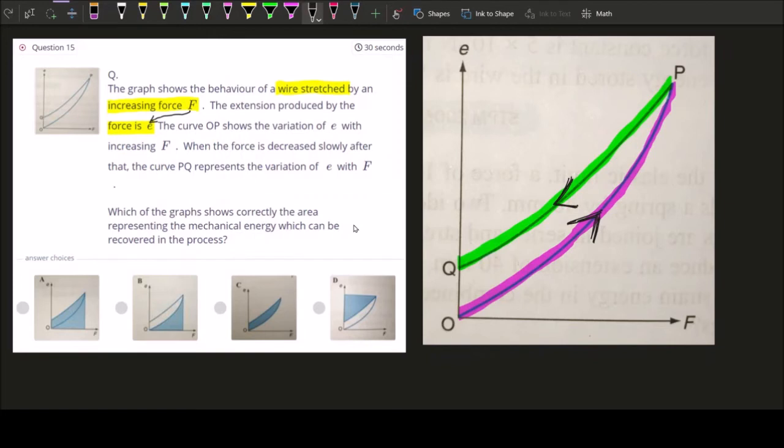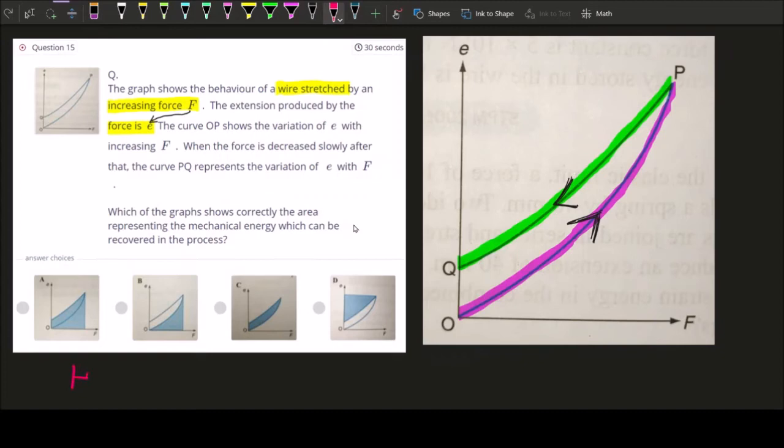Okay, so which of the following shows correctly the area representing the mechanical energy which can be recovered in the process? This is quite a conceptual question. So the situation is like this. It's slightly not related to this question, but let's think of it like this.